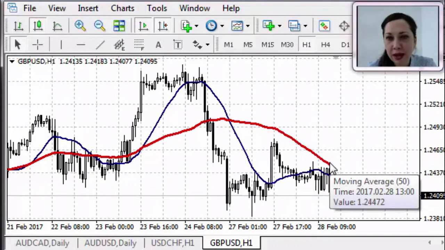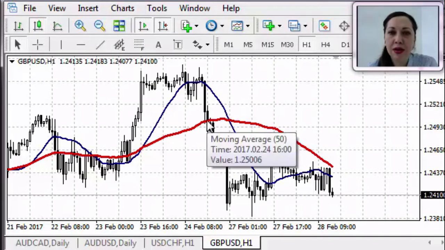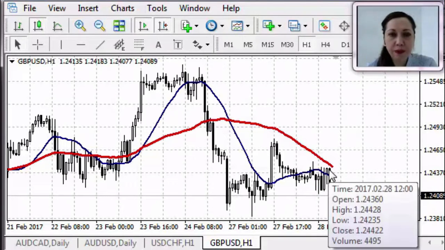There is also another way, as I will give you some variations for analyzing the trend. The second is, if the price is above the moving average, for example our 50 moving average, it's an upward trend. If it's below, it's a downward trend.